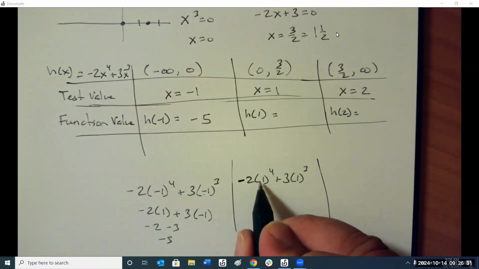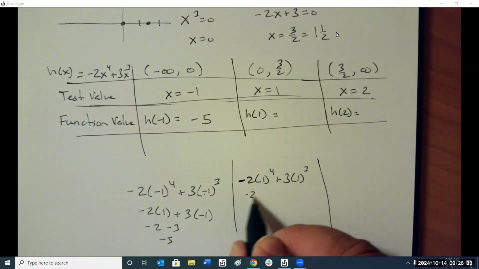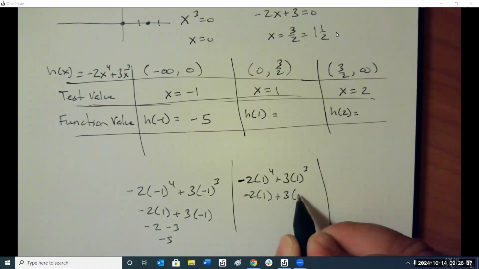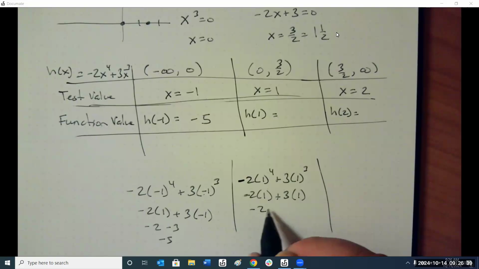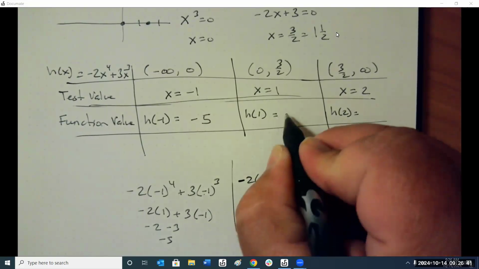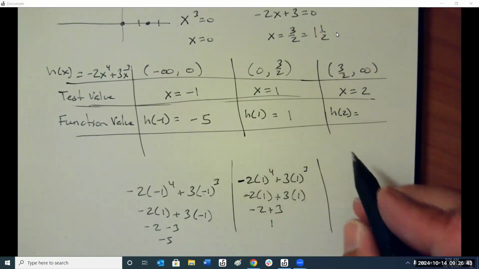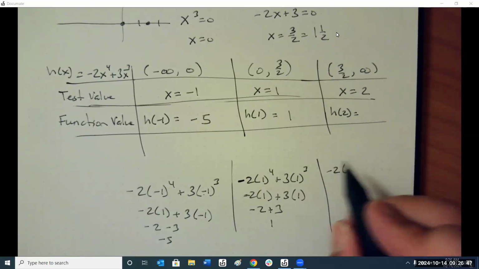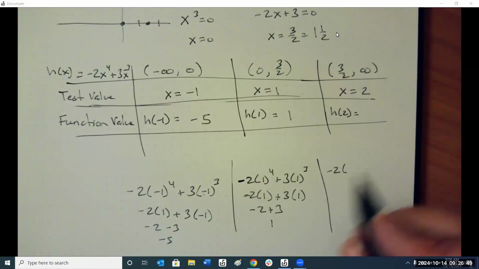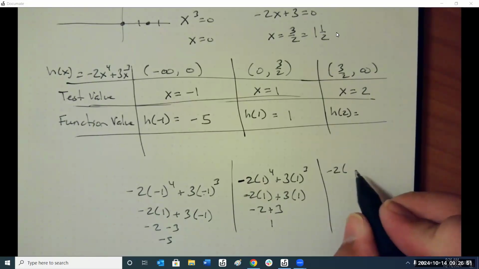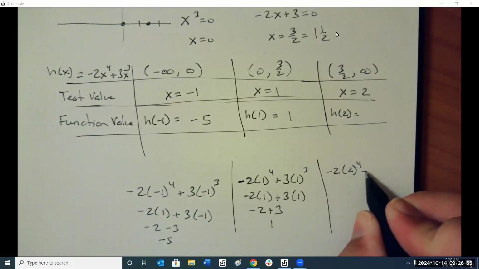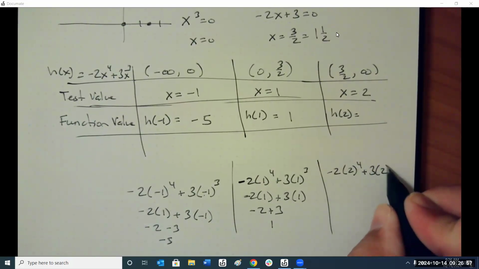So 1 to the 4th is 1, so it's -2 times 1. 1 to the 3rd is 1, so it's -2 plus 3 is +1. And the last one. The bigger the equation, the more factors you have, the more painful it becomes. So 2 to the 4th plus 3, 2 to the 3rd.